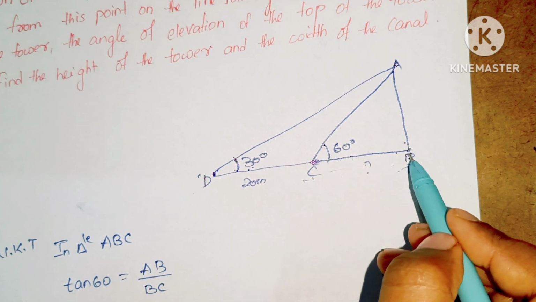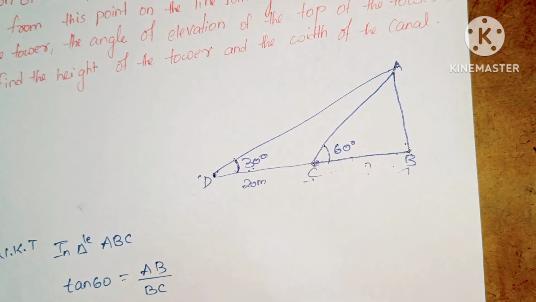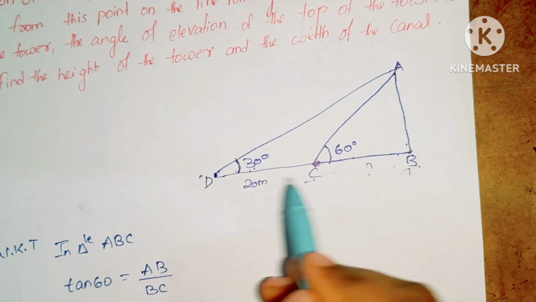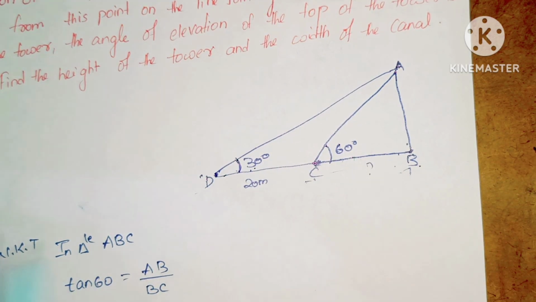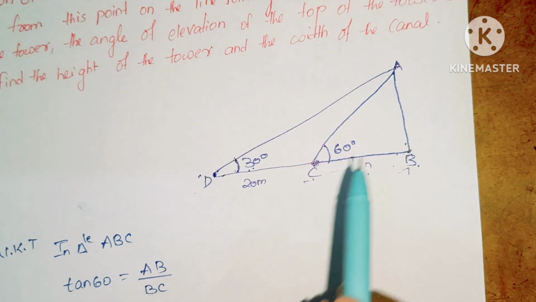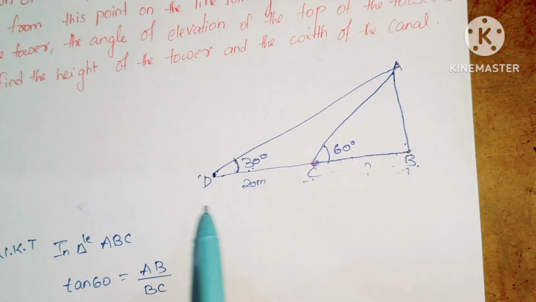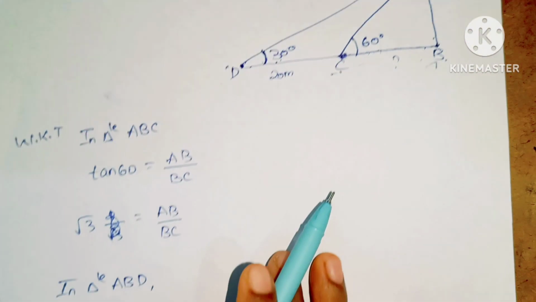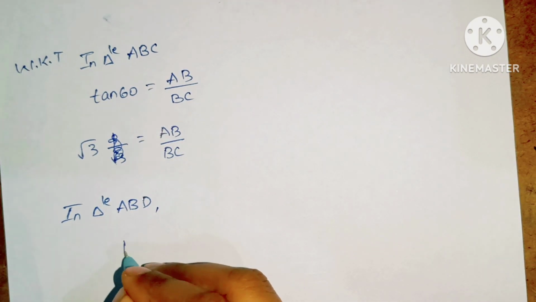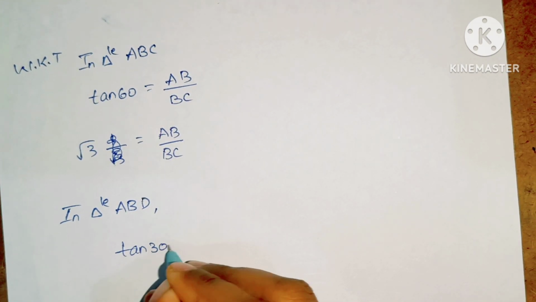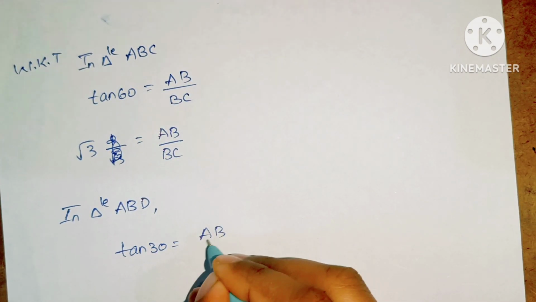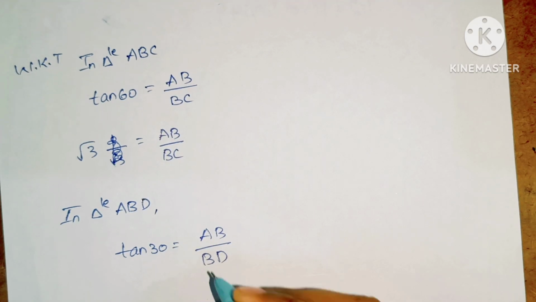For 30 degrees, opposite side means AB and adjacent side means BD. So tan 30 equal to AB by BD. Understood? So in triangle ABD, tan 30 equal to AB by BD.